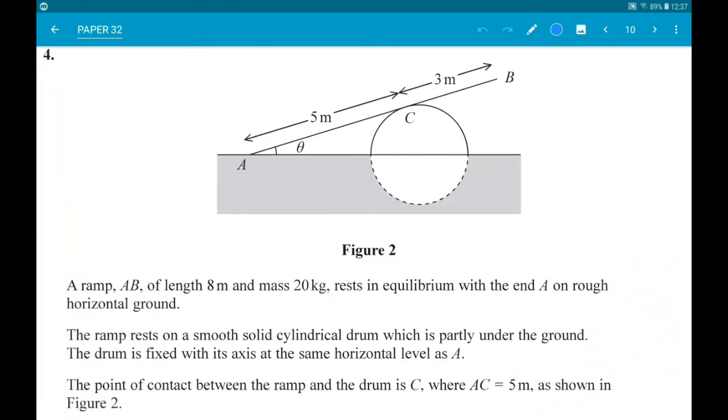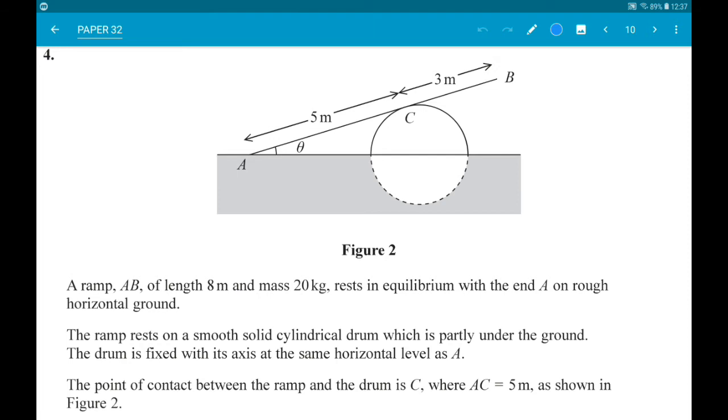Question 4. We have a ramp AB of length 8 meters and mass 20 kilograms, which is resting in equilibrium with its end A on rough horizontal ground.